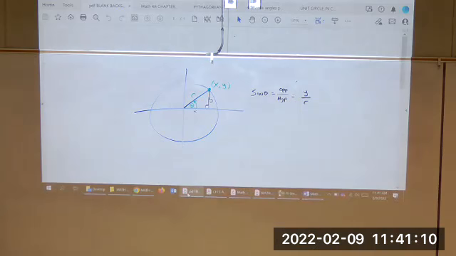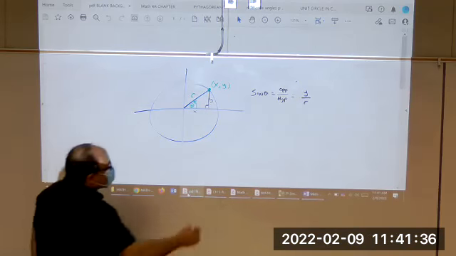The opposite is the y value, always. The sine uses the y. The hypotenuse will be the radius, always.